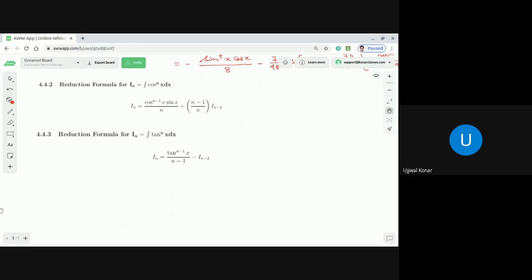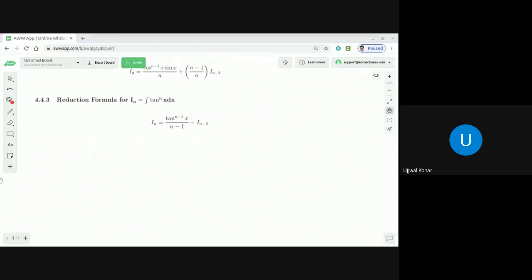Exactly. Then as you know, after tan, what generally comes is cot. So what will be the formula for the integral of cot to the power n x dx? I'm going to share it with you now.